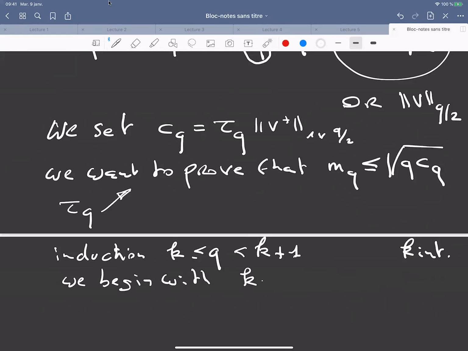And we begin with Q equal to 1 to start the induction. And how do we start the induction?